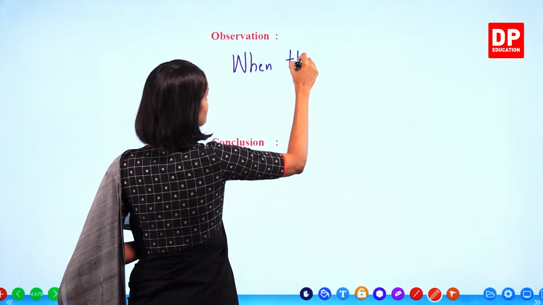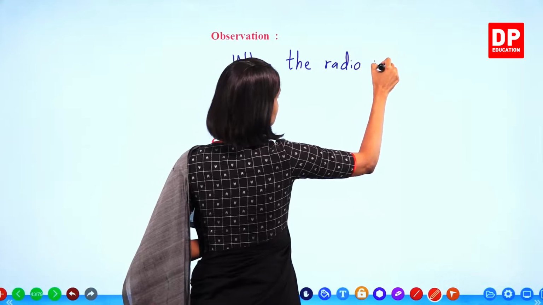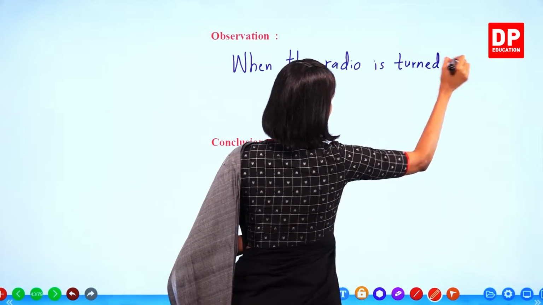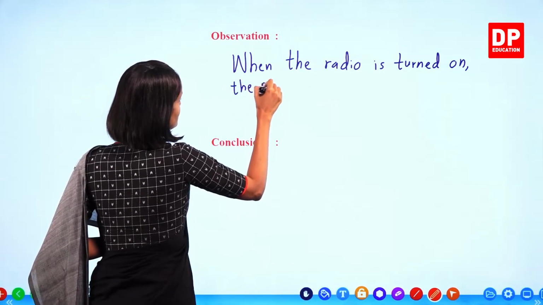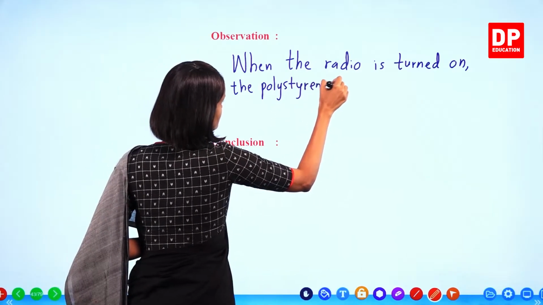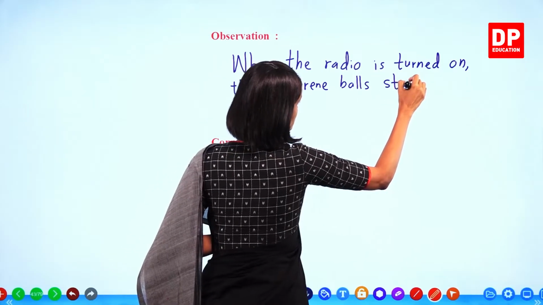When the radio is turned on, polystyrene balls start to move.